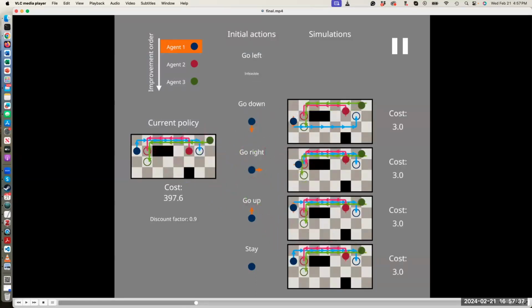And agents 2 and 3 simply follow the base heuristic. At this point, we do not know a priori what the cost is going to be, and the easiest way is just to run a simulation and find out. All right, so we run the simulation and see this one only involves 1 collision. So we already improved upon it. Recall that the initial base heuristic had nearly 400 cost, and now we have 119.